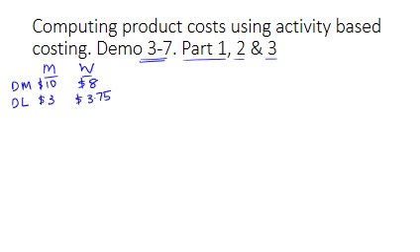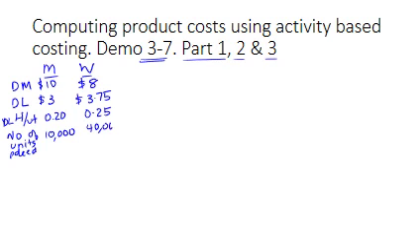And then the direct labor hours per unit equals 0.20 for M and 0.25 for W. And then you have the number of units produced: 10,000 for M, and 40,000 units produced for W. So W is a high volume product and M is a low volume product.